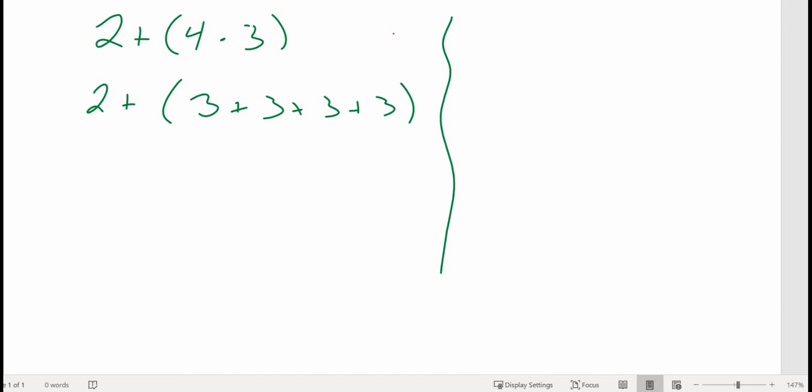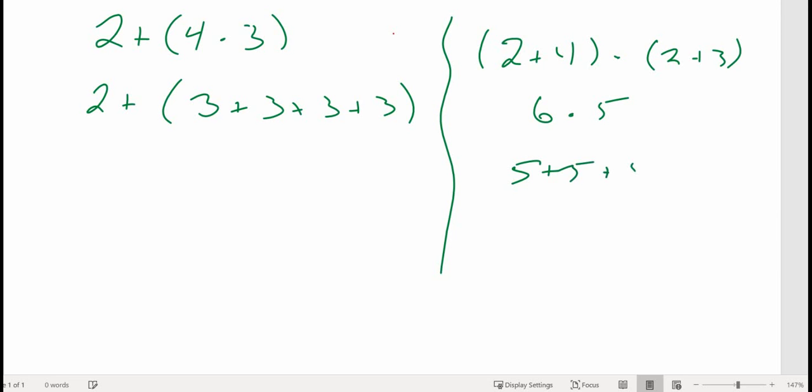Whereas if you tried to regroup stuff and use that distributive property, that would be 2 plus 3, 6 times 5. This would wind up being 5 plus 5 plus 5 plus 5 plus 5, and we need one more copy in there because there's 6 of them.